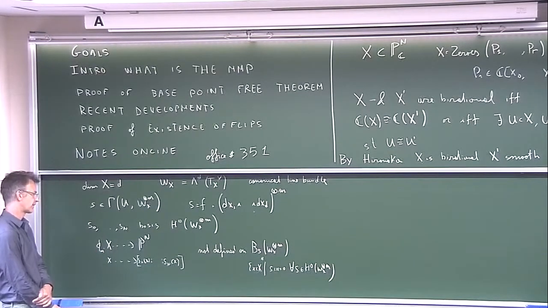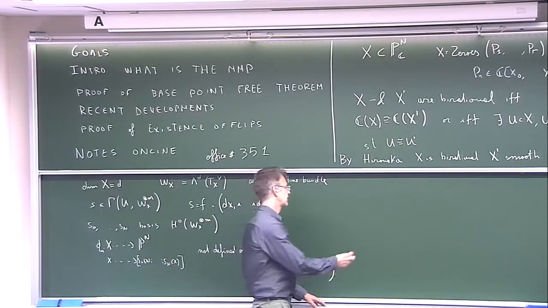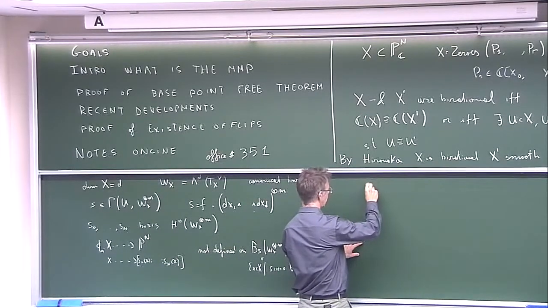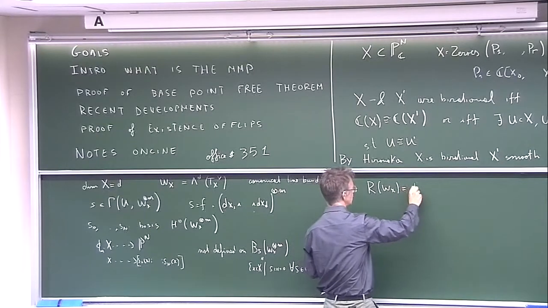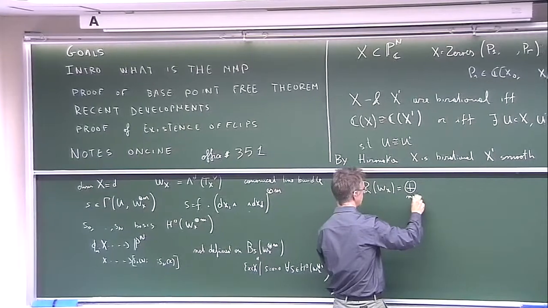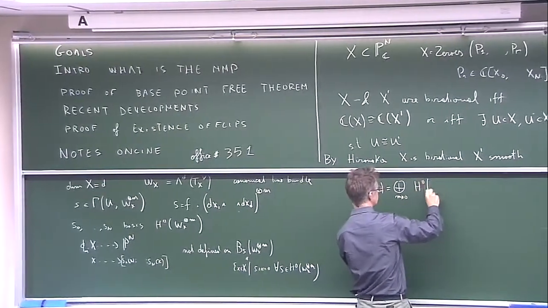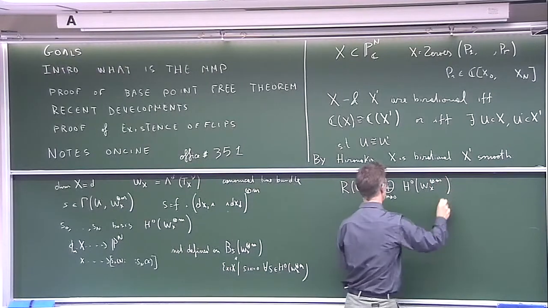It plays a very important role in studying the birational geometry. And maybe another thing I should mention is the canonical ring. So the canonical ring is just the graded ring where each graded piece corresponds to sections of the corresponding tensor power of the canonical line bundle, right?